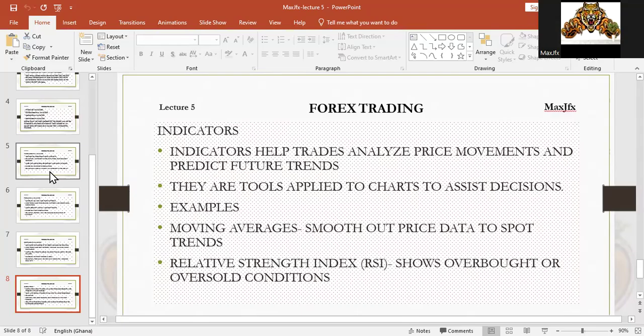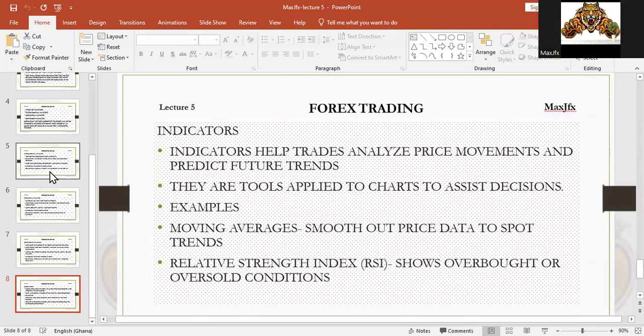When it is above 50, it means that there are more buyers in the market. If there are more sellers in the market, then the RSI will come below 50. This can also assist us in knowing when the buyers are strong and when the sellers are strong.